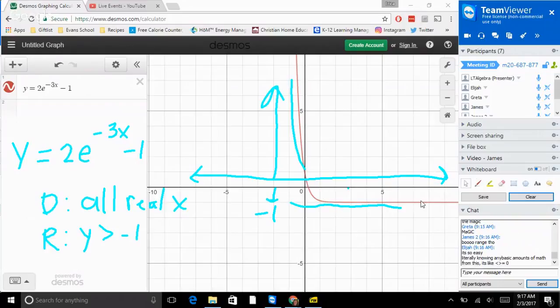The place that can kind of get people tripped up, and if you're taking those ACTs, right, Elijah, is that if you look at your graph out here, it's going to tell you that the value is y equals -1, that you can actually get a value of -1, but you never can quite get to -1. And why is that? If you look back at your original equation, the -1 is coming from this, right?